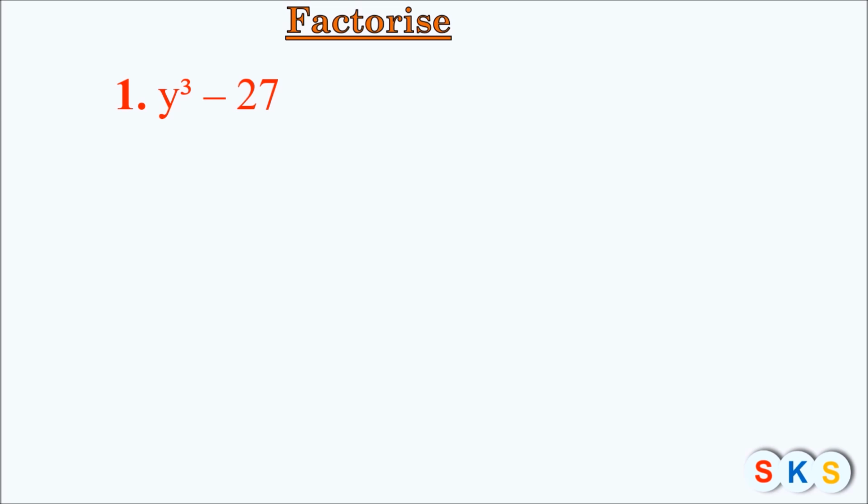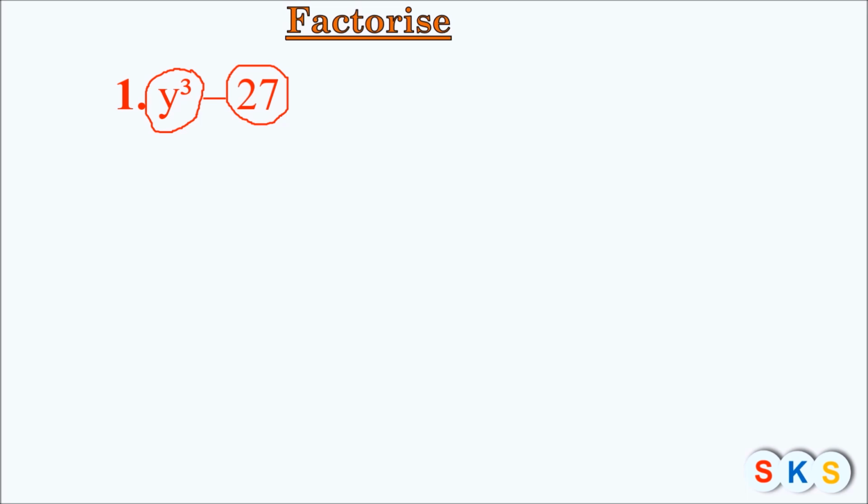Here we have the first question, y raised to 3 minus 27, and you can see that it is a binomial. The first term is a perfect cube, it is the cube of y, and the second term is also a perfect cube, it is the cube of 3.